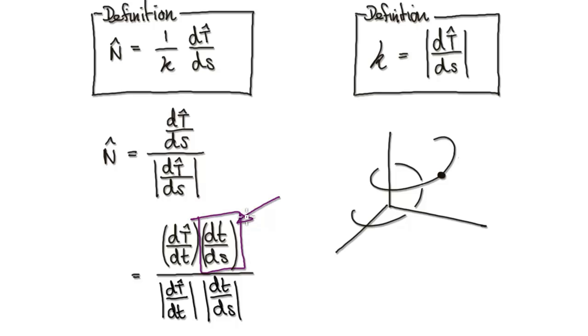This block will always be positive. It will never be negative, because as the particle moves along, dt, the change in time, is always going to be positive. We're not going to go back in time. And then this ds here, as the particle is moving along, will always register a positive distance along the path.